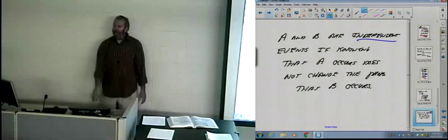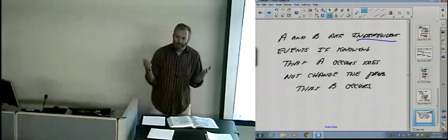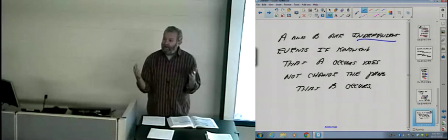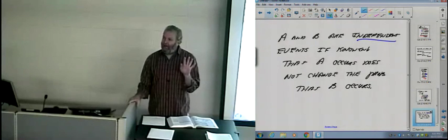Now, I'm giving you the definition of independent in language. You got two events, A and B. They are independent if knowing that A has occurred does not change the probability that B occurs.